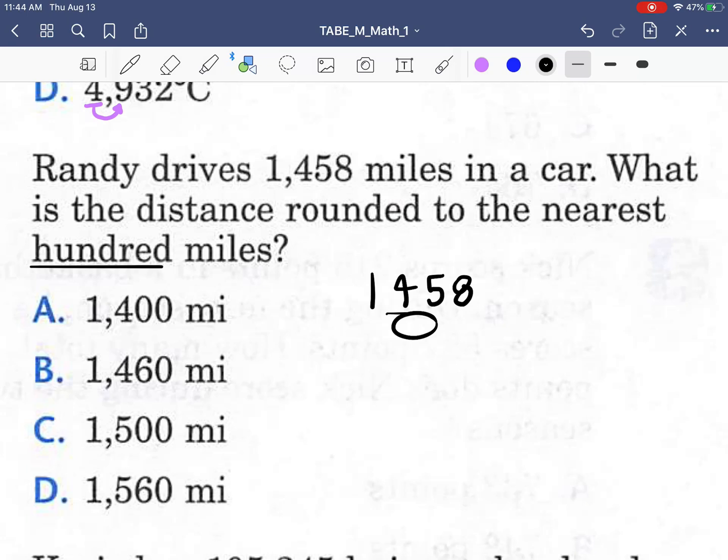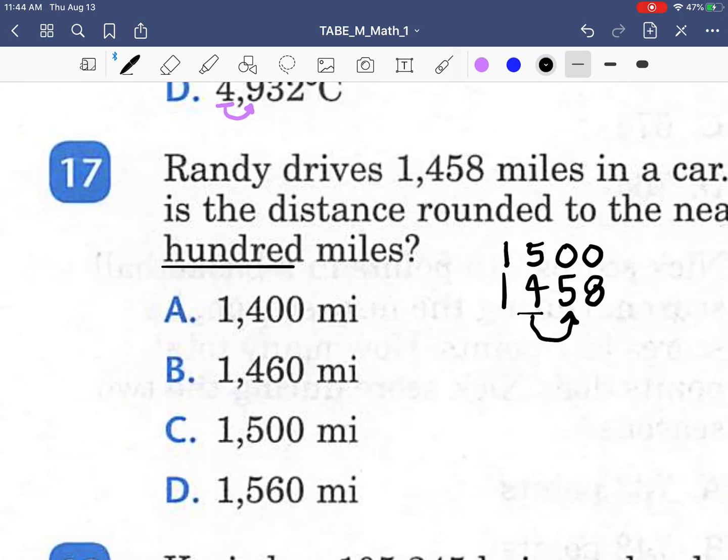Neighbor says round up, round off, and keep the leader. So the answer to number 17 is C, 1,500 miles.